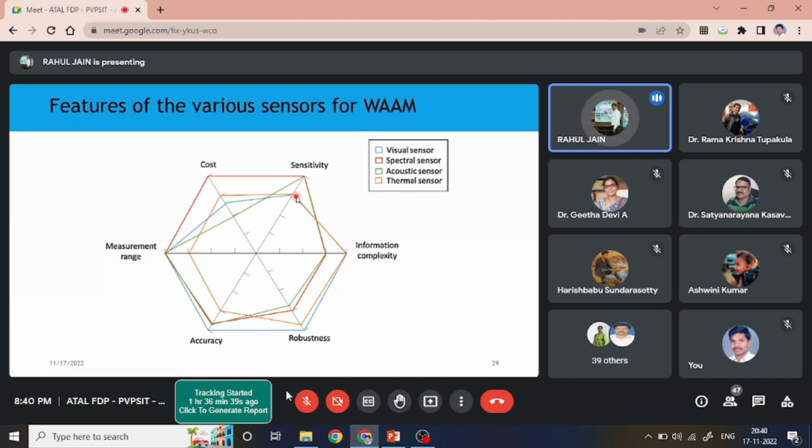Remote operation is for most industries that have a working environment which is not appropriate for human comfort. For example, hot rolling mills, right, where the temperature is very high. It's not physically possible for a human being to stay there for 5-6 hours.